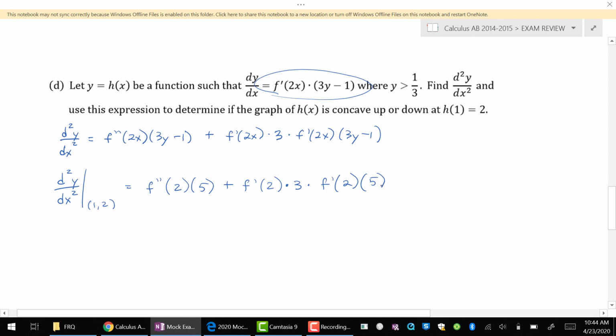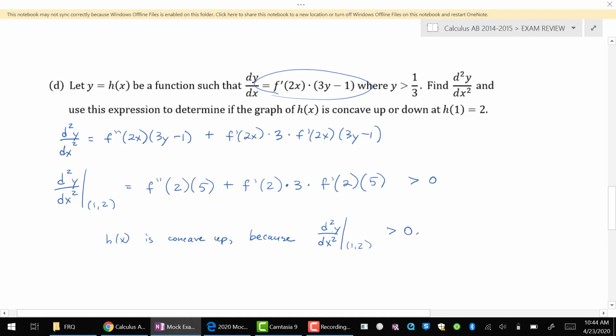I don't really care what the value is. I just care that the sign of the second derivative in this case is going to be positive. So since that is all going to be positive, you can double check that work. Then I can make the claim that h of x is concave up. Reason? Because my second derivative at the ordered pair 1, 2 is positive.